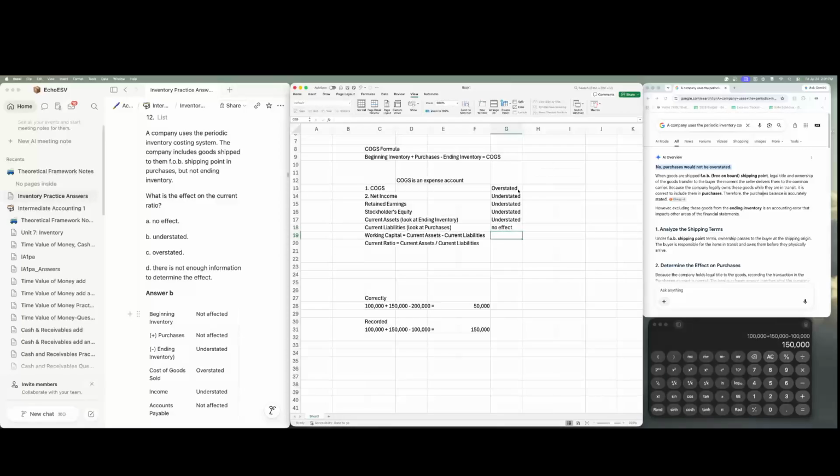Working capital, if the current assets are understated, because it doesn't match the current liabilities, the working capital would be understated. And the current ratio is going to be understated as well.